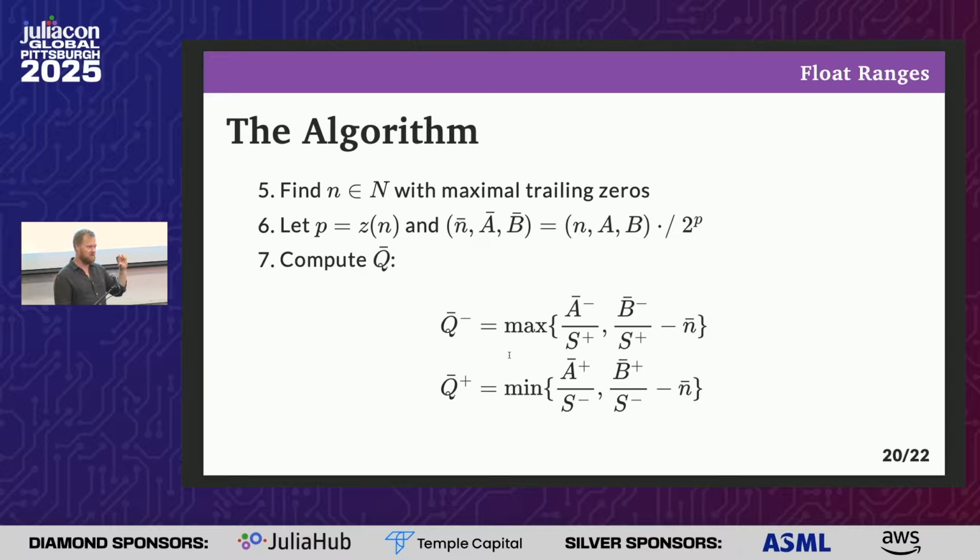We have those grid ratios, and we're putting a bound on the lowest and largest number that a over s could be. Then we try to figure out what a over s is. But we've done it in this reduced space where we've divided by 2 to the p. The reason you want to divide by 2 to the p is because of the refinement invariant.